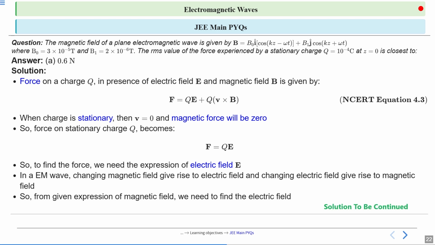Because the charge is stationary, there is no velocity, so the QV cross B term will become 0. That means there is no magnetic force on the charge, only the electric force.